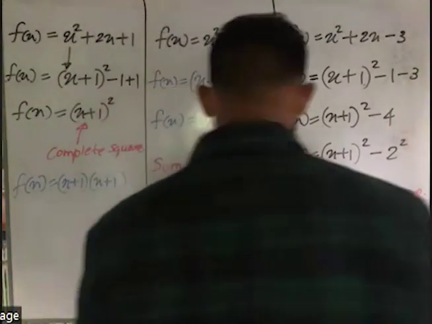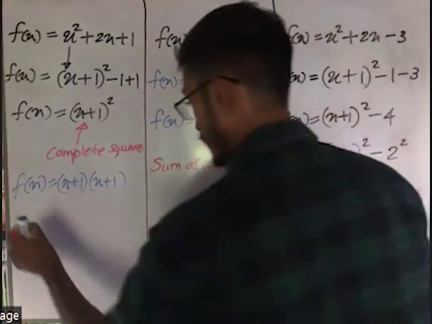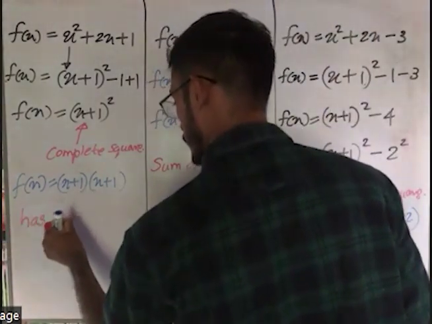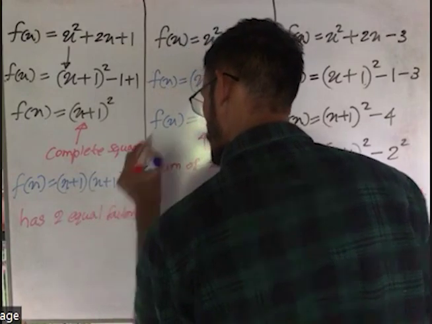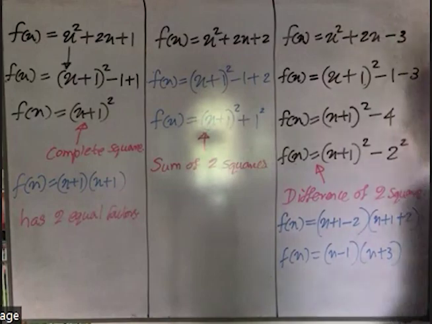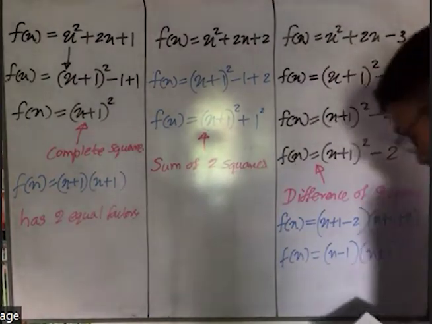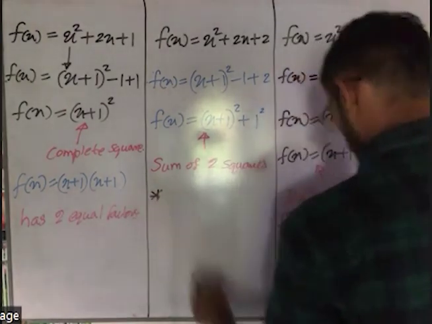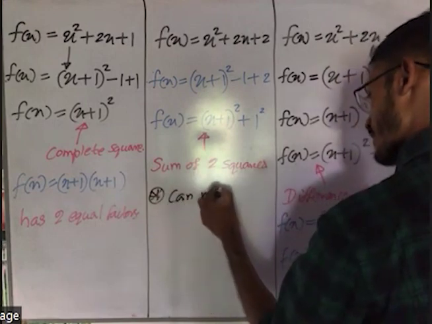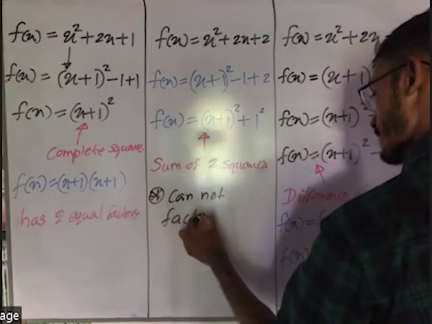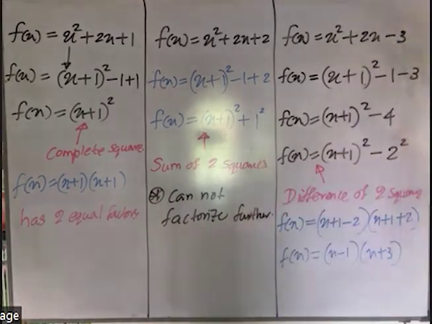So before that, write down here. This one has two equal factors, right? In the first one, two equal factors. Next, in here, cannot factorize further.